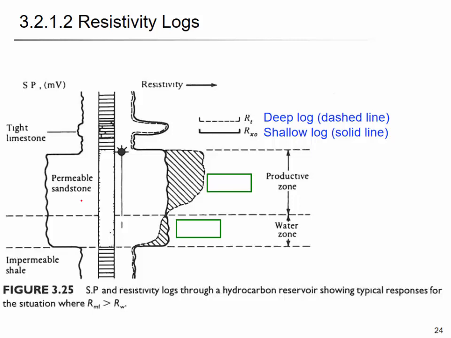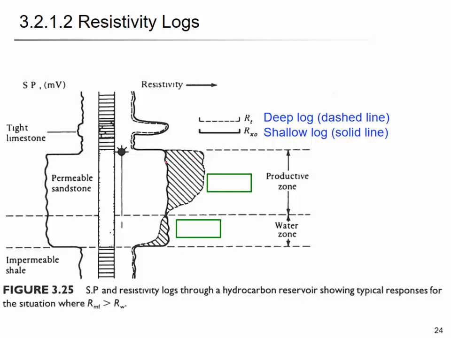And then what does resistivity tell you? You have a deep log, dashed line, and a shallow log, a solid line. The dashed line is going this direction, and the shallow is like that. Okay?